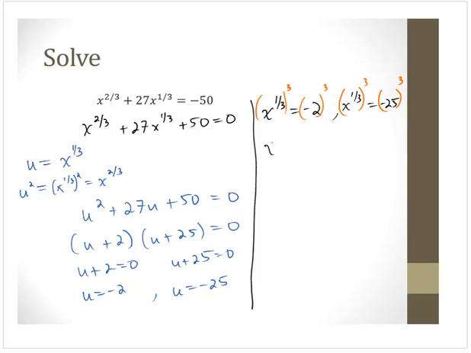Yielding x equals negative 8, and x equals negative 25 cubed. Let's see, 25 to the 3rd power is 15,625, so x would equal negative 15,625.